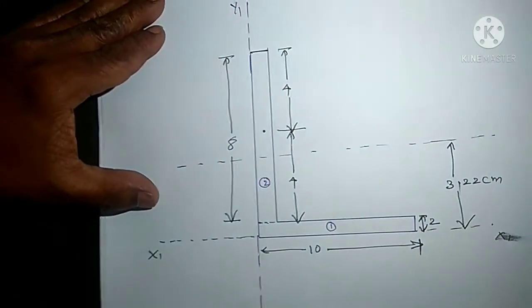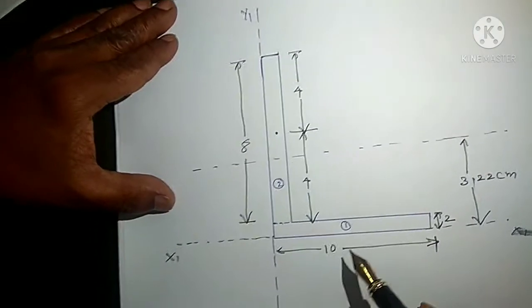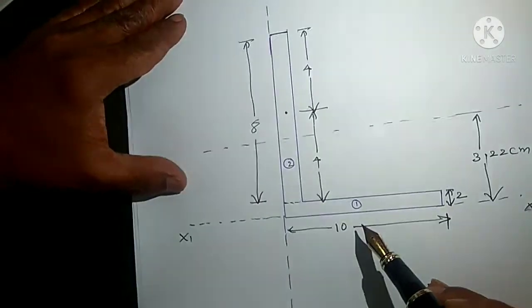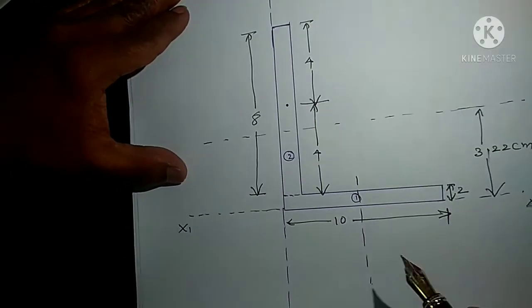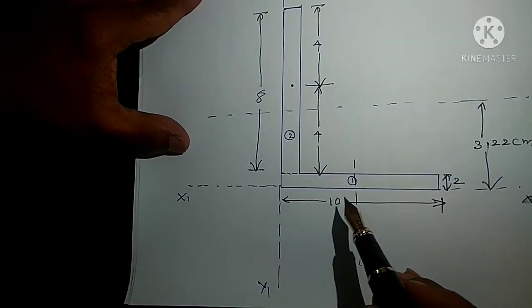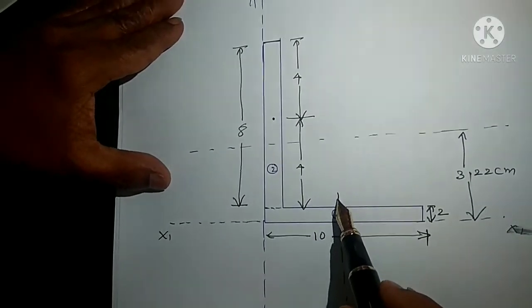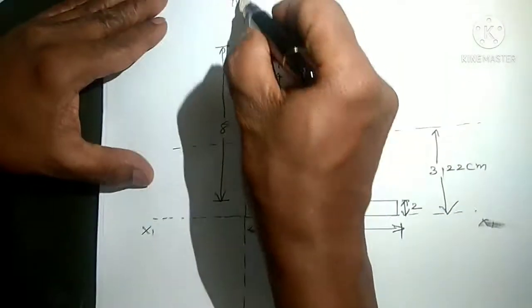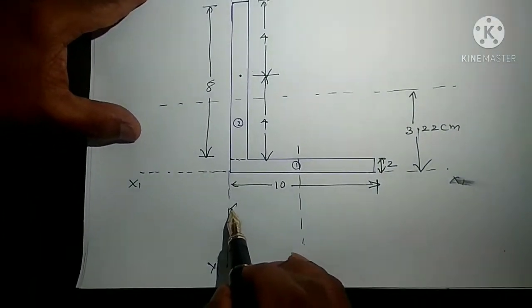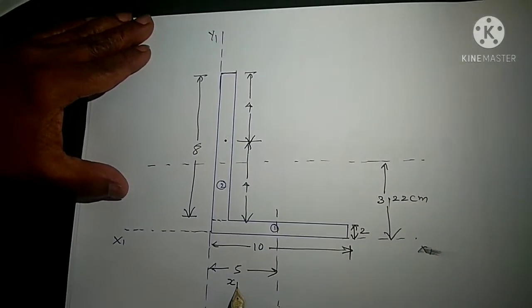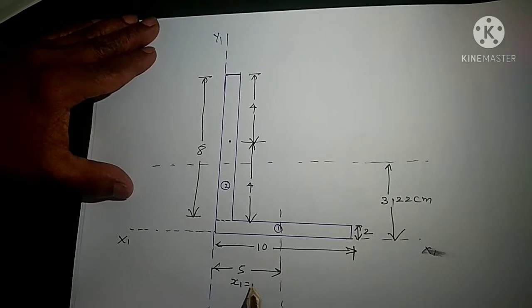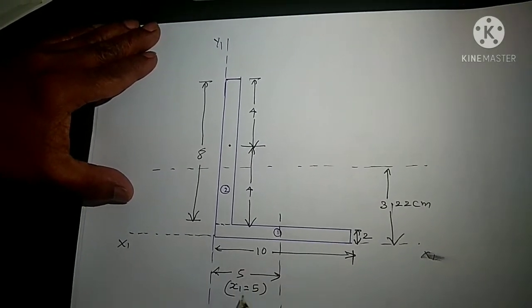The distance between the vertical centroidal axis of the first component and this reference axis is 5, so x1 is equal to 5.